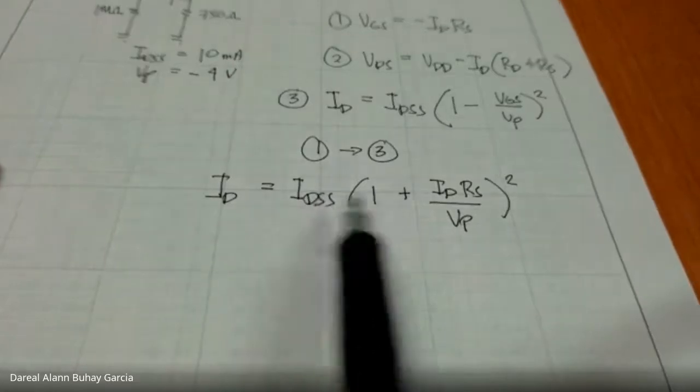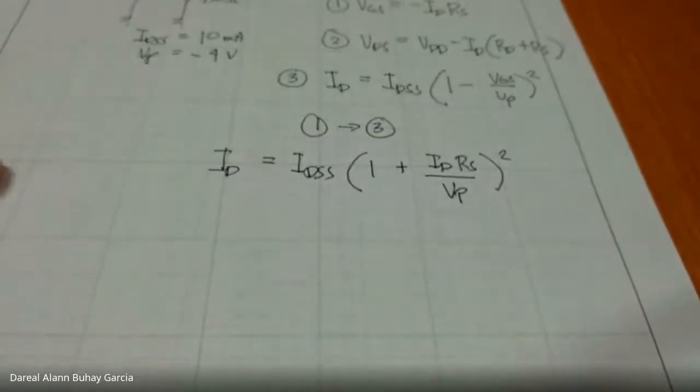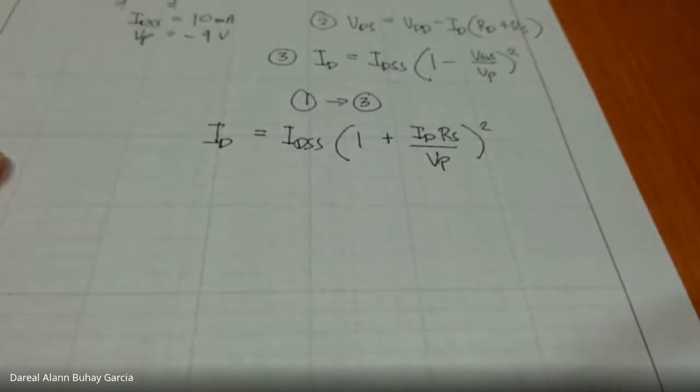VP is given and RS is given. Let me change ID into X to make it easier to visualize.